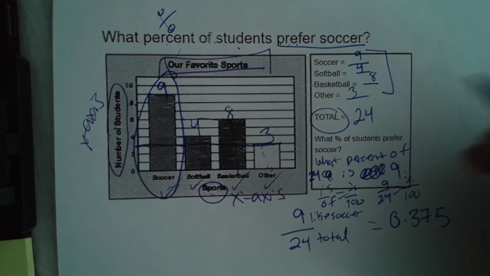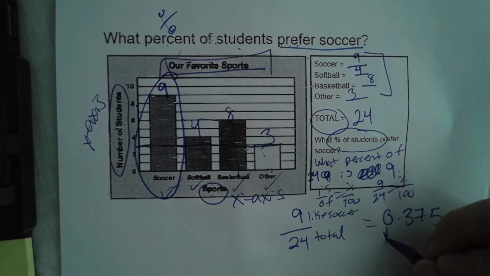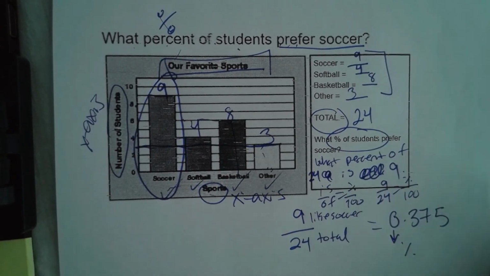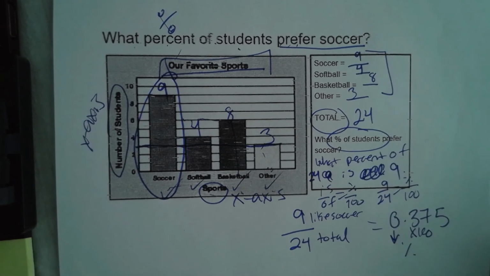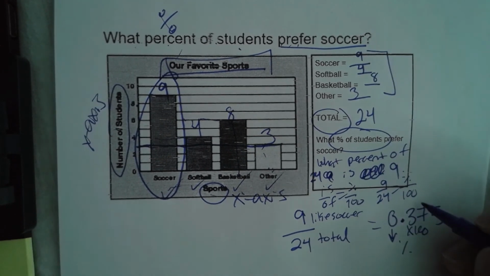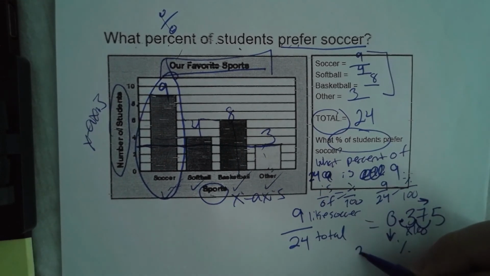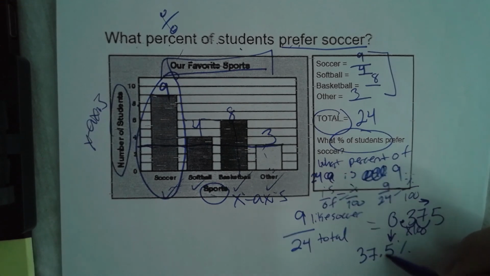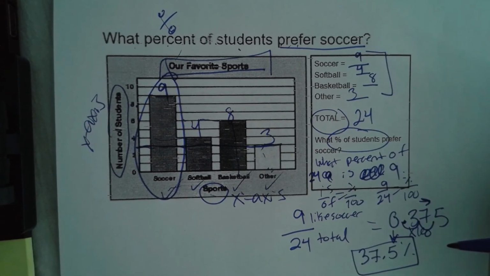But remember, it's asking me for a percent. So I need to change this number to a percent. There's 2 ways you can do this. You can multiply by 100, or you move this 2 spaces to the right. 1, 2. So it's 37.5% of these students prefer soccer.